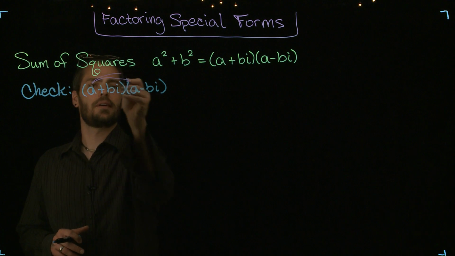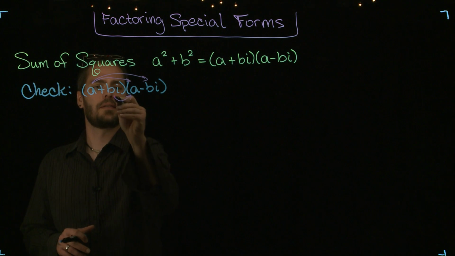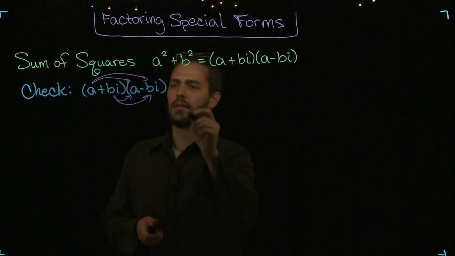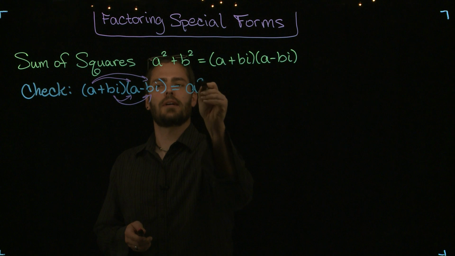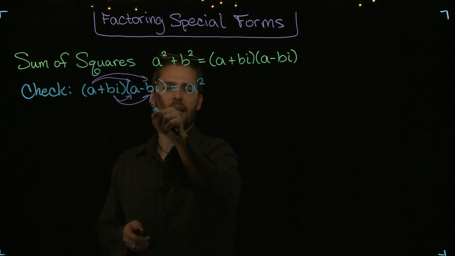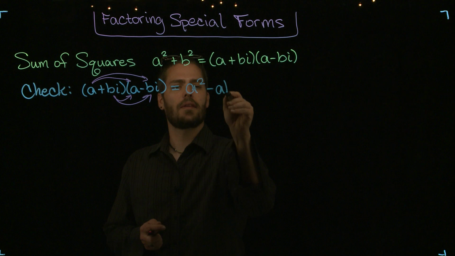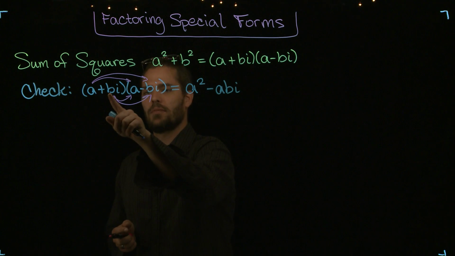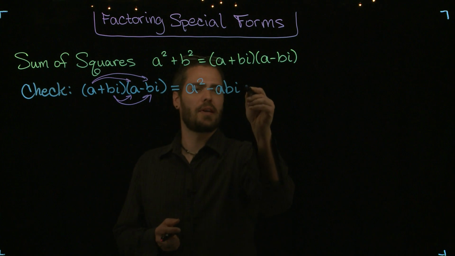There's a times a, and then there, here, and then here. Okay, so this gives me a squared minus abi. From the next one, bi times a, I can say plus abi.